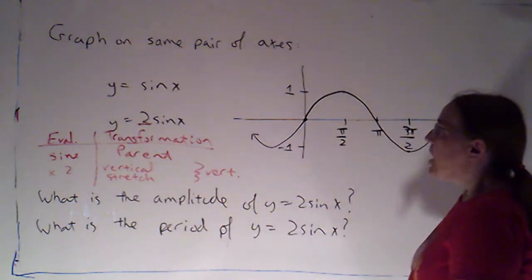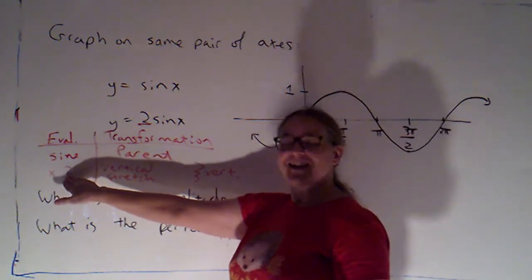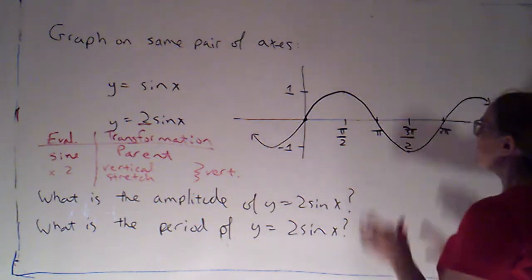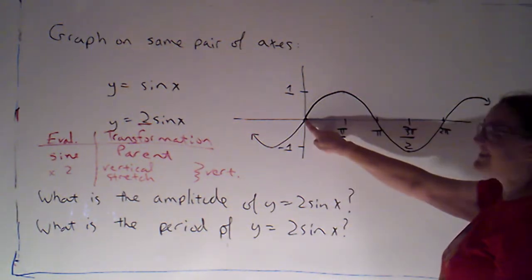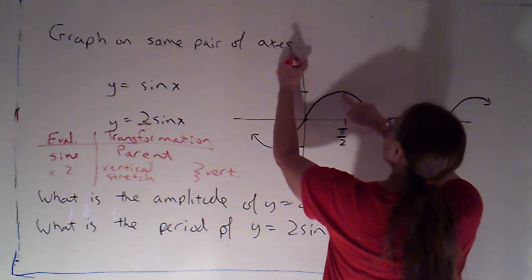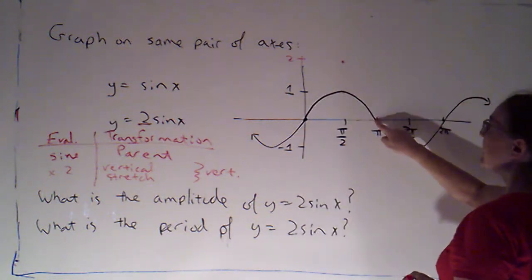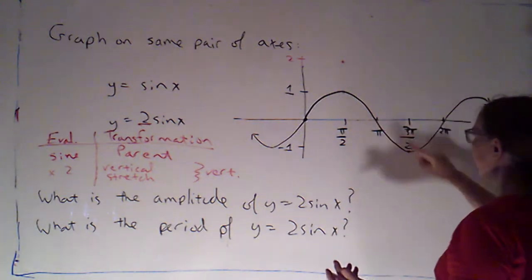Okay. So I'm basically going to be doing literally what I'm doing here to my y values. I'm just going to be multiplying them by 2. So I'm going to keep these same crucial points. Doubling 0, I still get 0. But if I double the y value here, doubling 1 is going to make the high value now be 2. At this point, our y value was 0. Doubling that, it's still at 0.